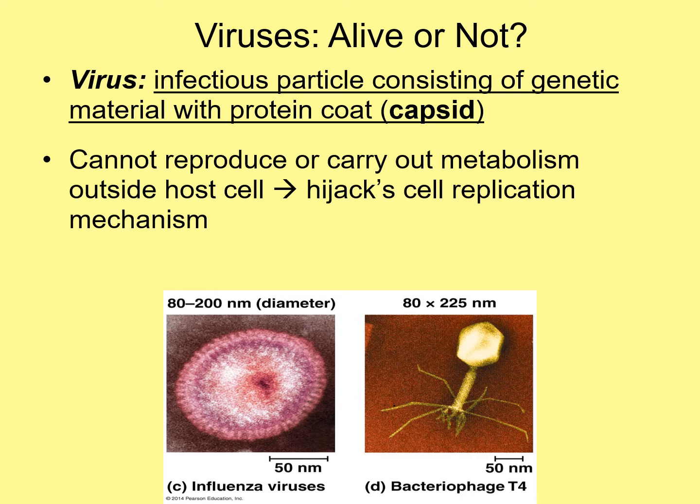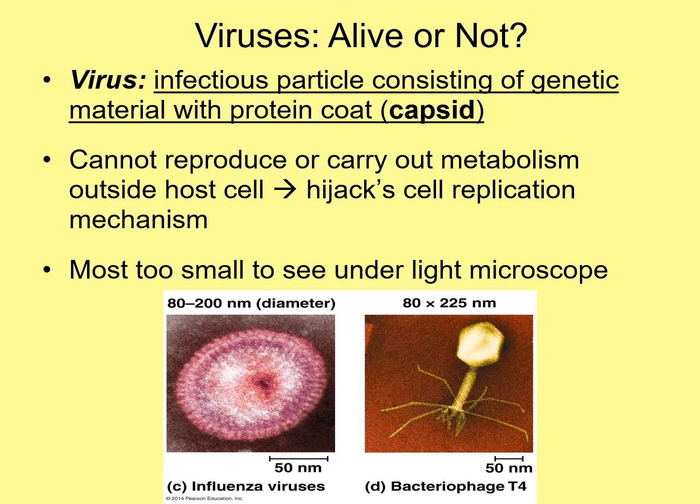They hijack our ribosomes to make viral proteins instead of our cellular proteins or bacterial cellular proteins. And essentially they take over the cell and force the cell, it's sort of like mind control, to replicate the virus instead of doing cellular activities, right?